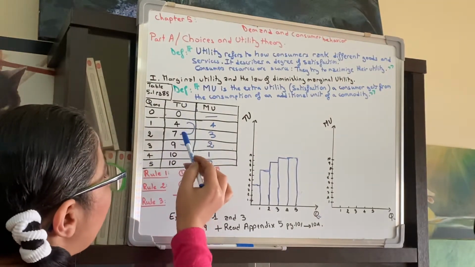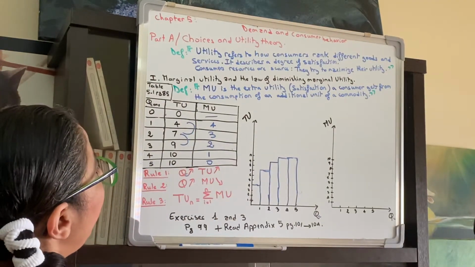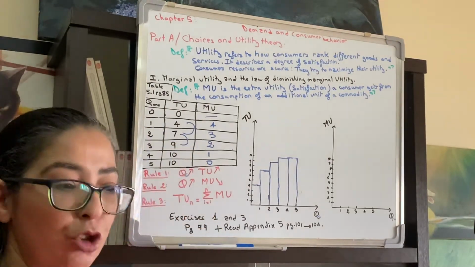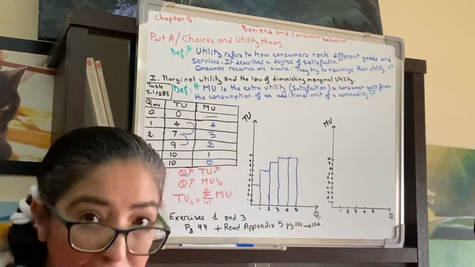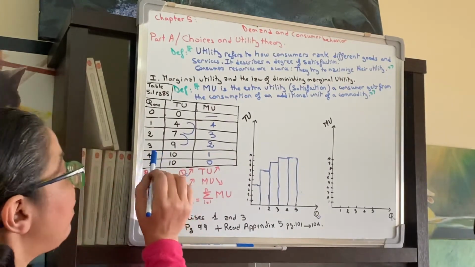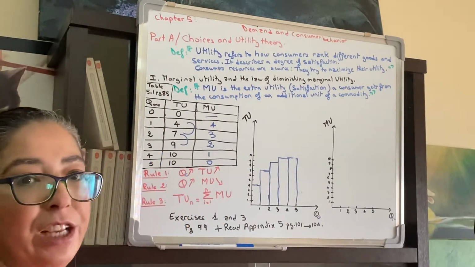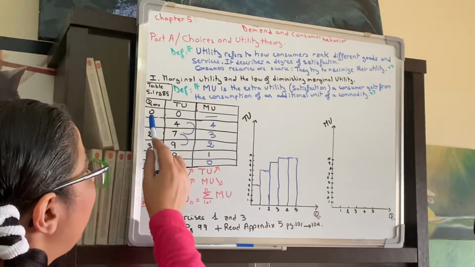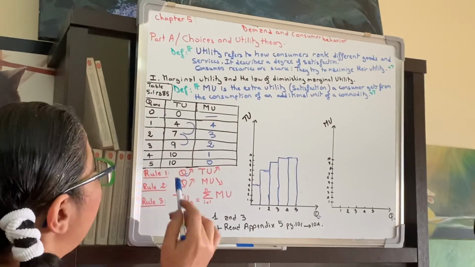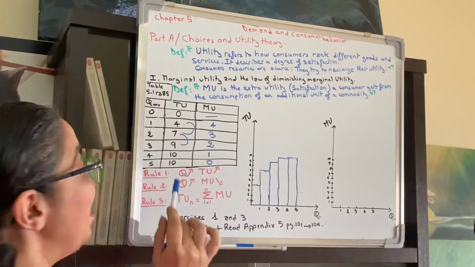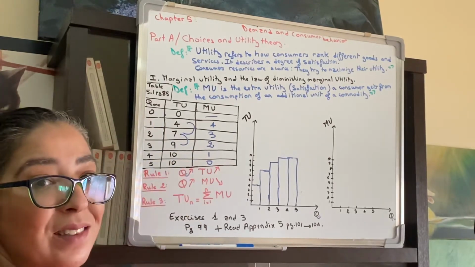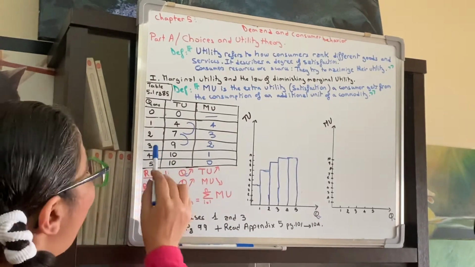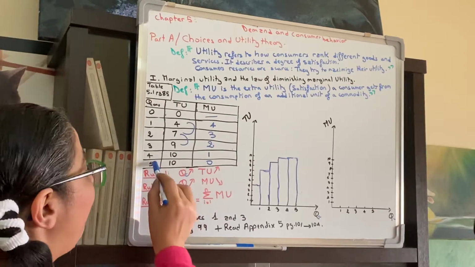When you're reading the total utility, you're reading it as quantity: 1 unit, 2 units, 3 units, 4 units, and 5 units. When you're reading the marginal utility, you don't read it as a total of units. You read it as first unit, second unit, it's always 1, third unit, fourth unit, and fifth unit.